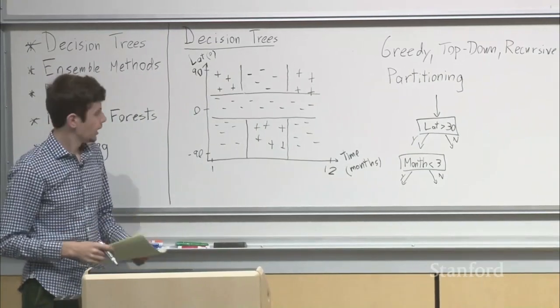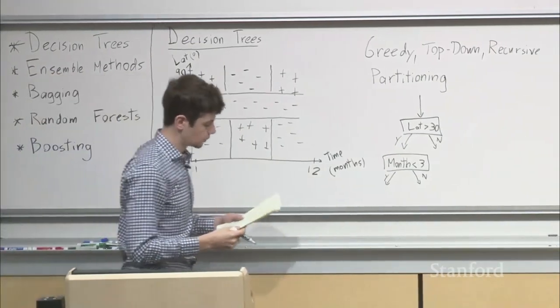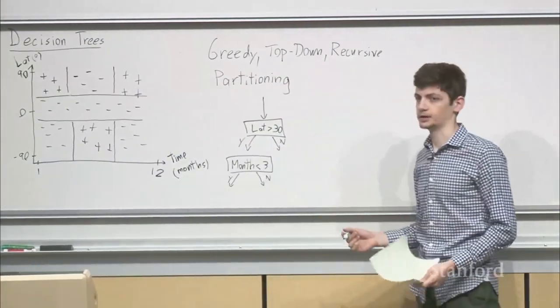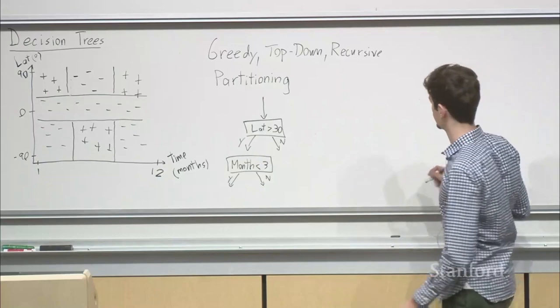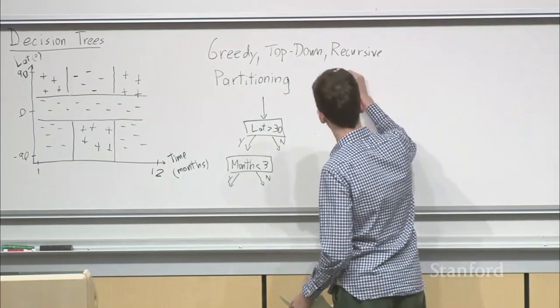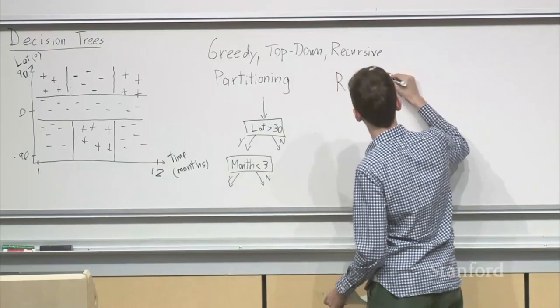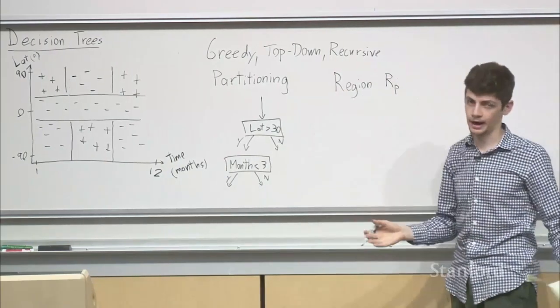Okay. And so to make this a little bit more formal, what we're looking for is this split function. Okay, so you can define a region. So you have a region, and let's call that region RP in this case for our parent.